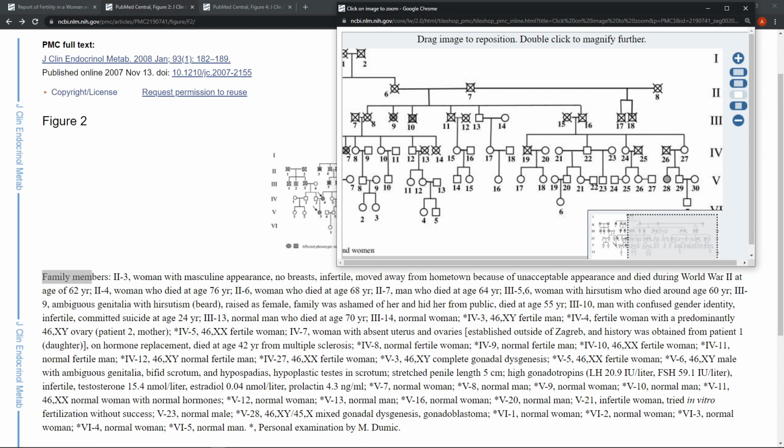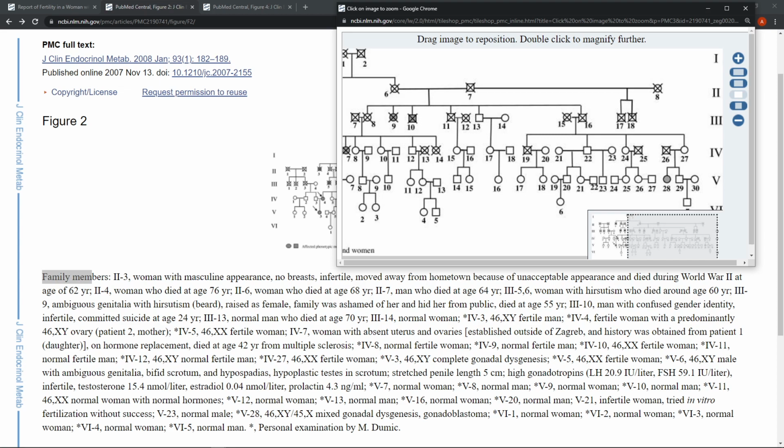5-28. So this is another individual with the affected phenotype. And what do they have? They are 46XY, 45X. So this is a mix of the Swyer and Turner genotypes. Mixed gonadal dysgenesis, gonadoblastoma. So this is what patient 2, the mother, was trying to avoid.